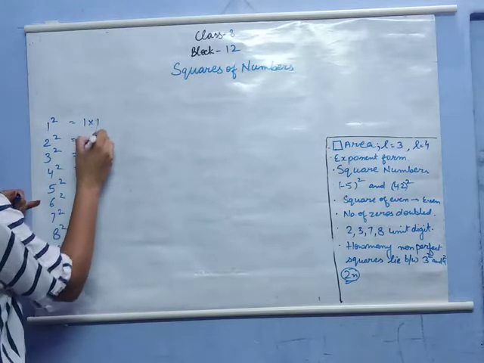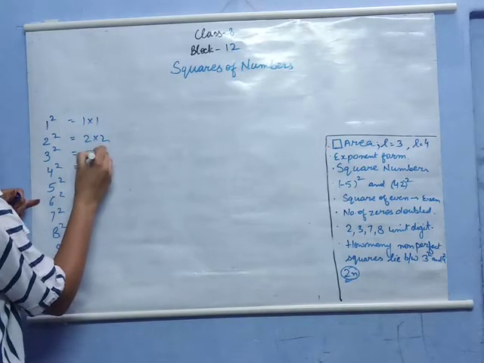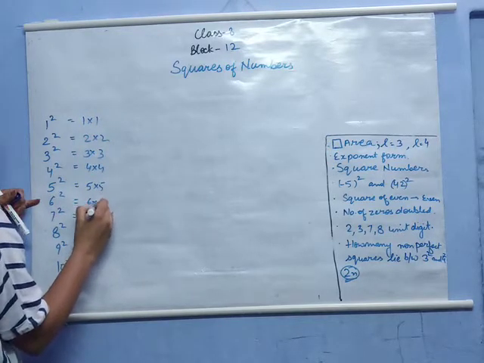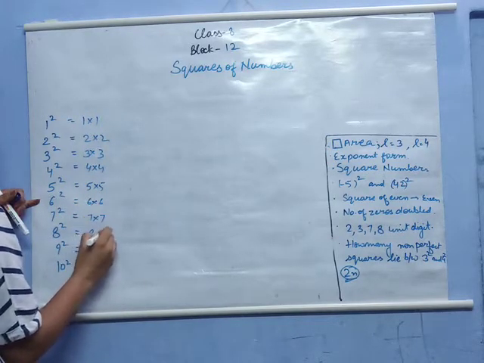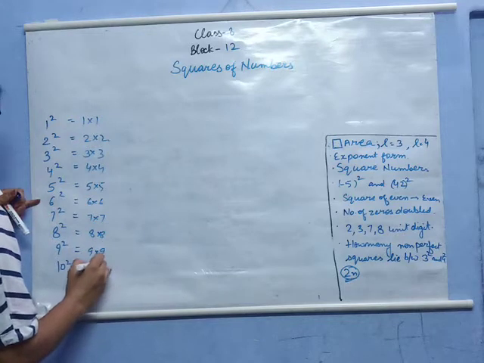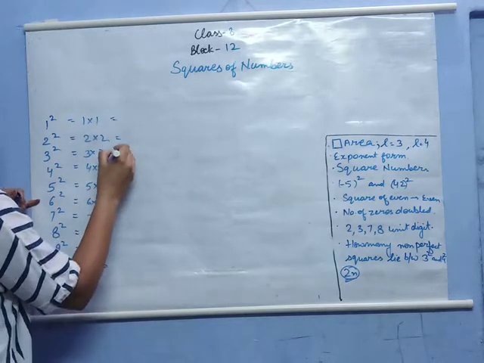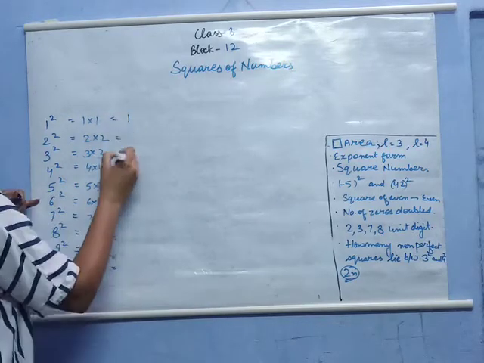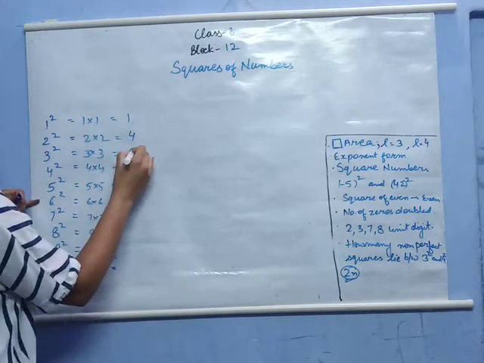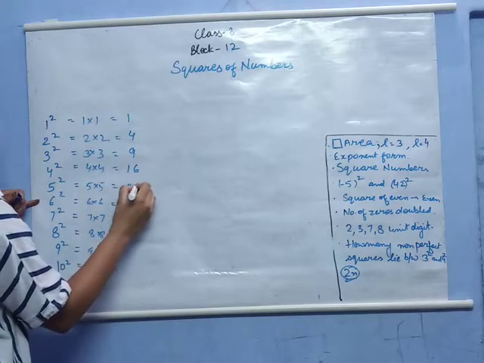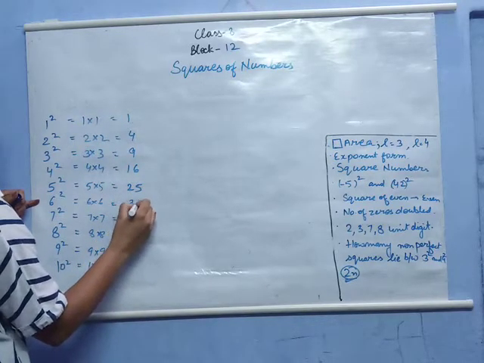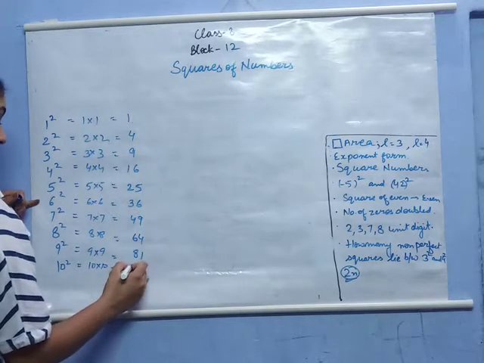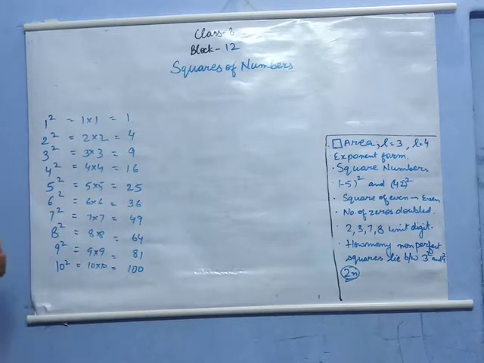So I can write 1 by 1, 2 multiply 2, 3 multiply 3, 4 multiply 4, 5 multiply 5, 6 multiply 6, 7 multiply 7, 8 multiply 8, 9 multiply 9, 10 multiply 10. 1 ka square 1, 2 ka square 4, 3 ka square 9, 4 ka 16, 25, 36, 49, 64, 81 and 100.